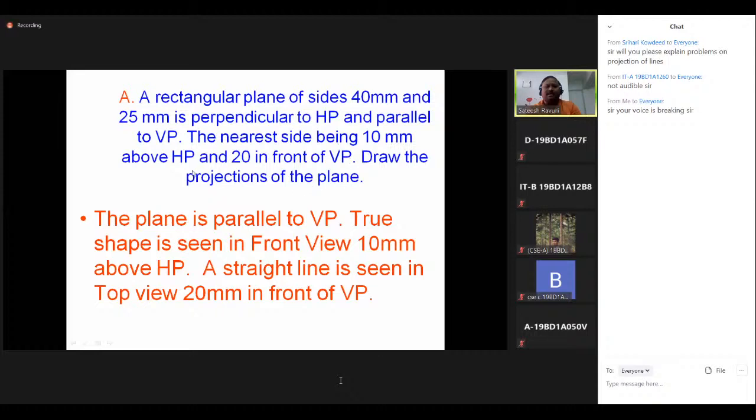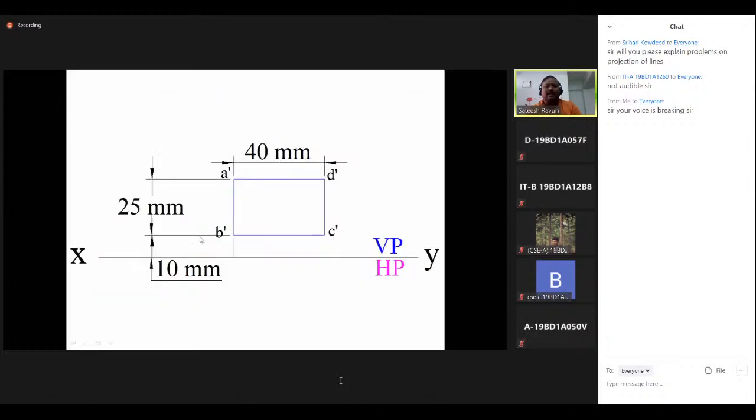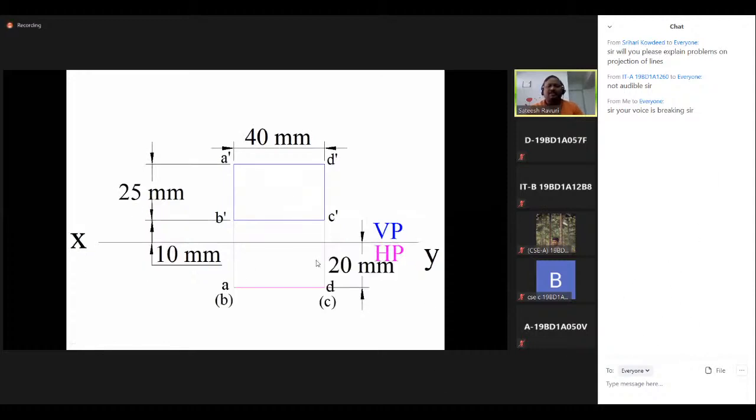So, by taking this as a reference, 10 mm above the HP is the nearest edge of the rectangle. By taking the longest side 10 mm above, you can finish the regular shape of rectangle ABCD with 40 by 25 mm, and the same edge is 20 mm in front of VP.